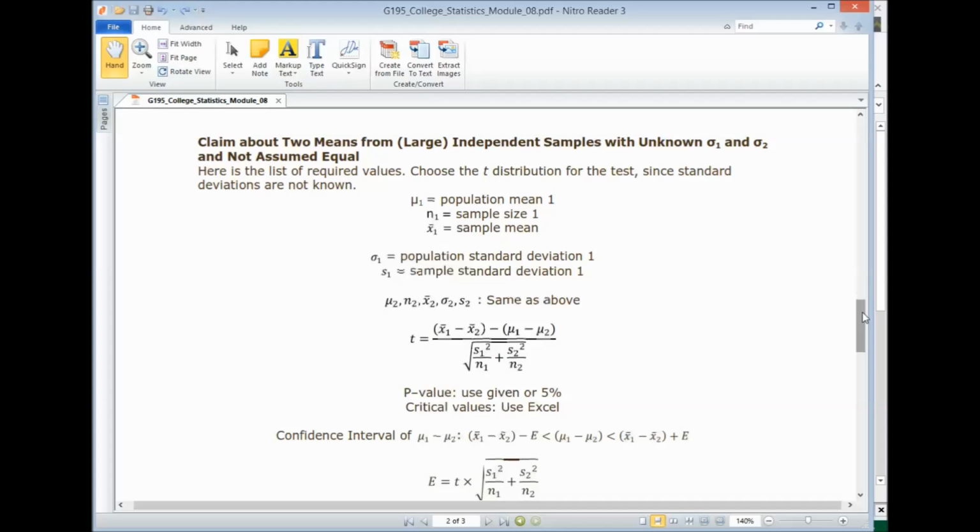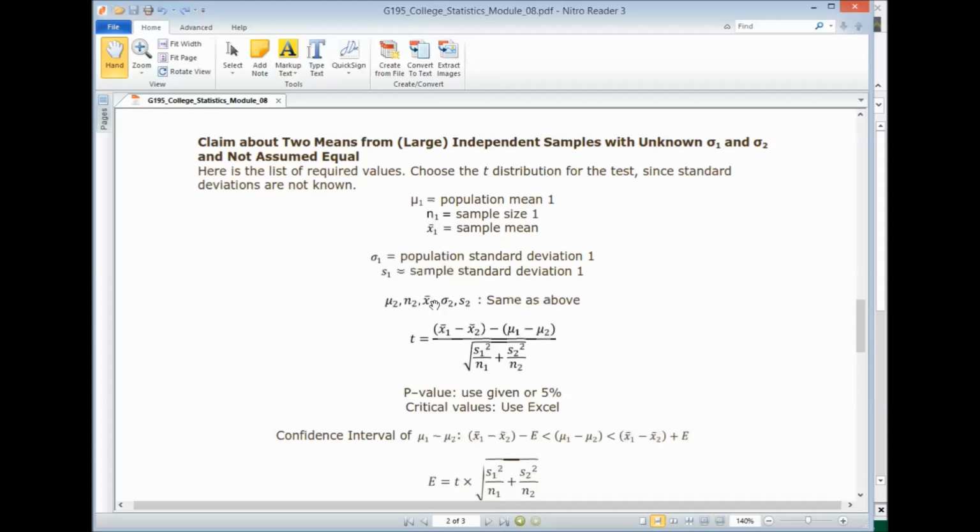To do that, these are the things you need: the population mean, the sample size, the sample mean, the population standard deviation, and the sample standard deviation. And you do the same thing for the second set: mu2, n2, x bar 2, sigma 2, s2.